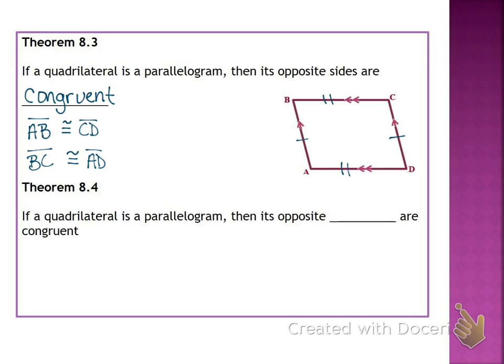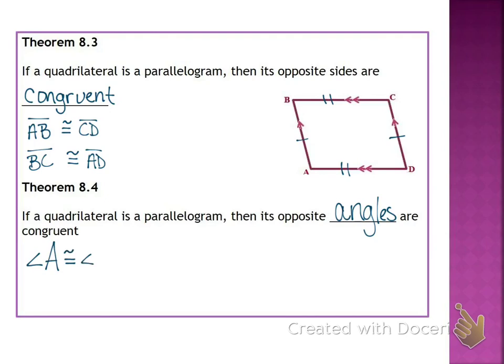All right, the other theorem on this slide. If a quadrilateral is a parallelogram, then opposite angles are congruent. So, for example, angle A would be congruent to which other angle?